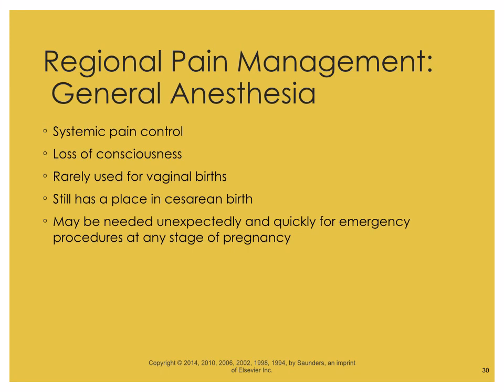These patients have a loss of consciousness and will require an ET tube, an intubation tube, a breathing tube, after general anesthesia is administered. It is rarely used for vaginal births and still has a place in cesarean births. Less than 5% of births in the United States are through general anesthesia. It may be used unexpectedly and quickly for emergency procedures and at any stage of pregnancy.